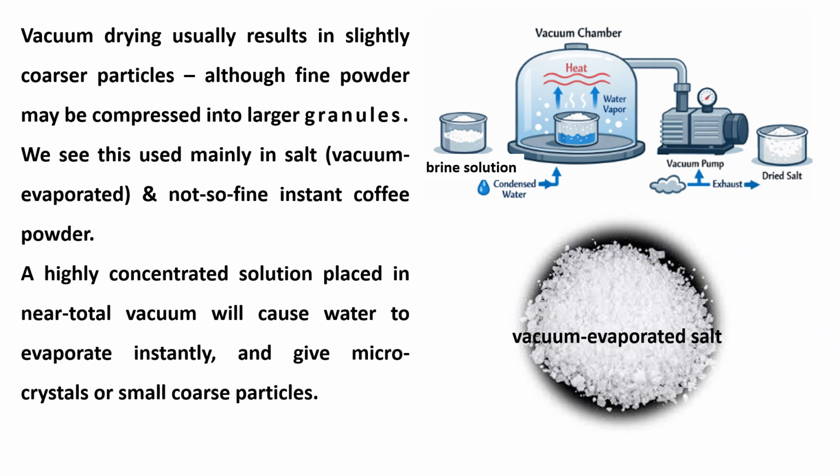So there is immediate evaporation of water, giving you crystals or small coarse particles of salt or coffee powder. So this is vacuum drying, giving you not so fine particles. It may be used in coffee, but it is mainly used in making salt.